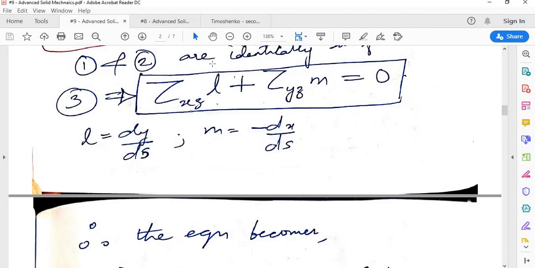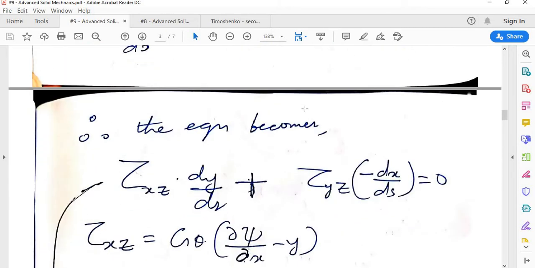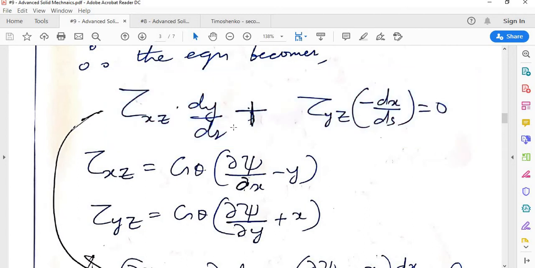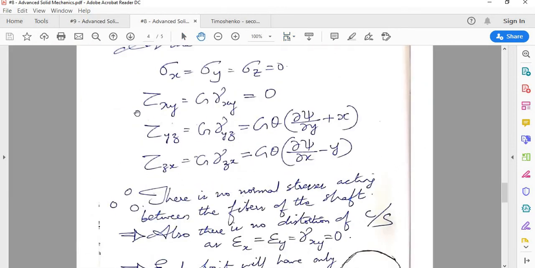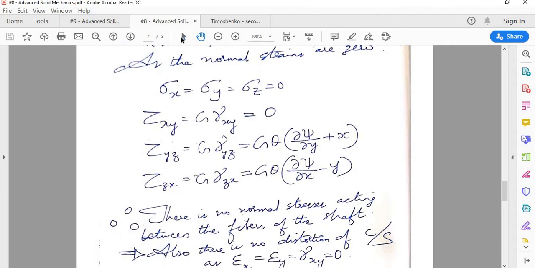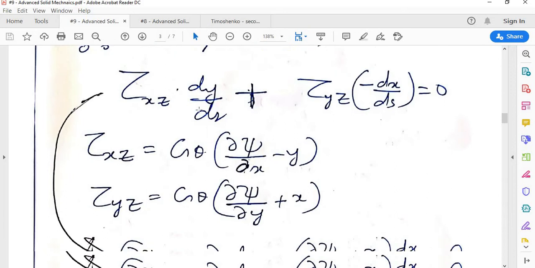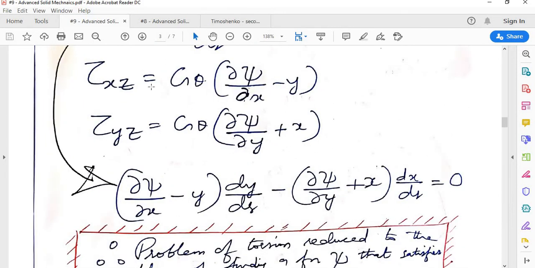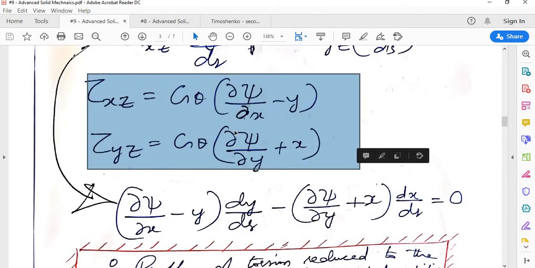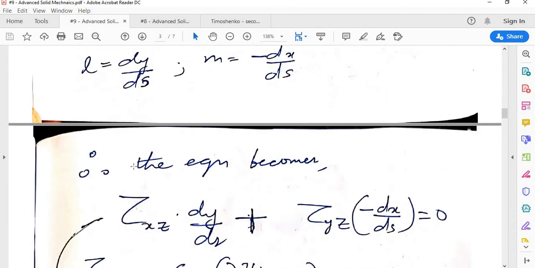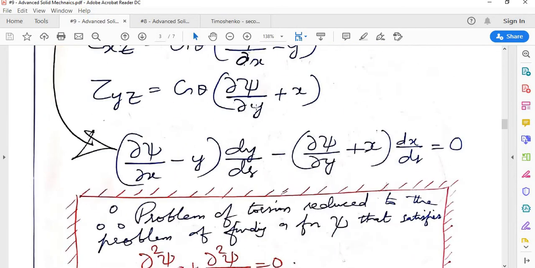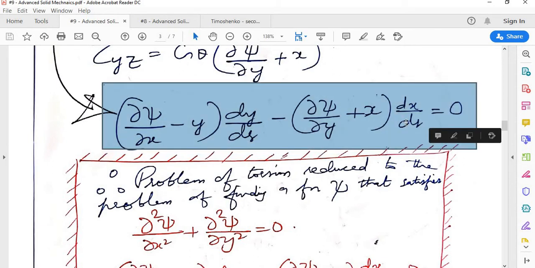So use these expressions, substitute into this equation. Now tau xz and tau yz, you already know what they are. We had arrived at them in the previous lecture. So you can substitute these expressions for tau yz and tau zx, and that's what I have done here. The equation simplifies to this.